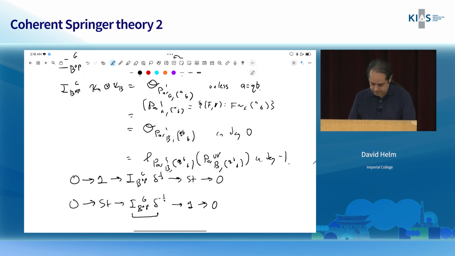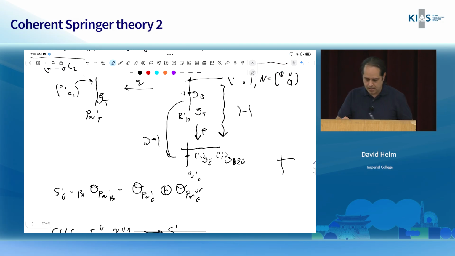And this one goes to the skyscraper sheaf. This one goes to some crazy complex.